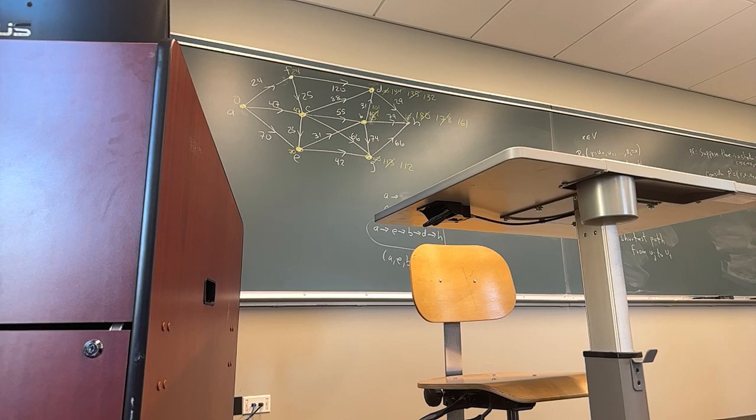So this path connects from R to X, and the length of this path will be the length from R to Uj plus the length from Uj to X. But the length from R to Uj is smaller than this one.